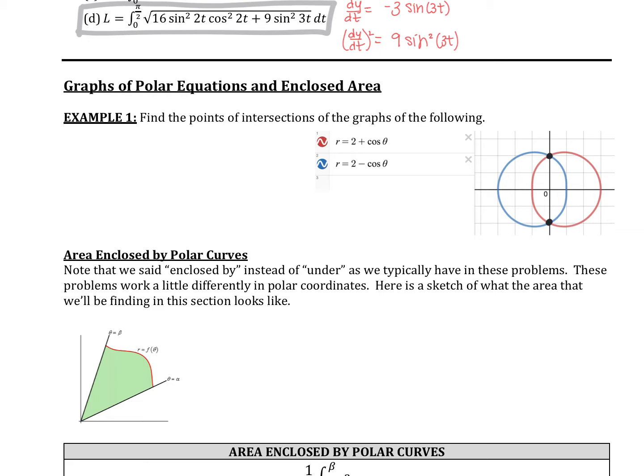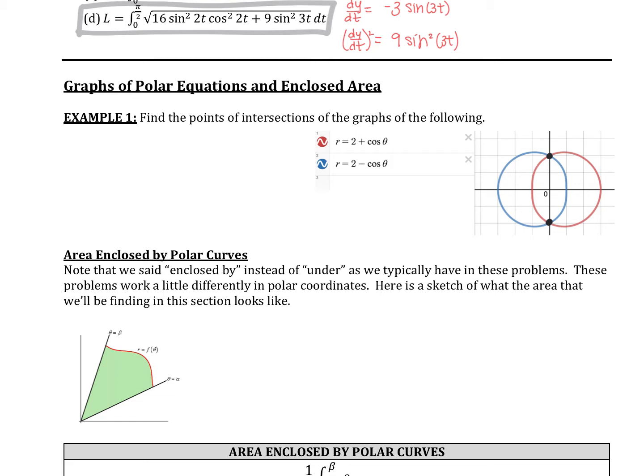Now, this could be used for several different things. It may ask me to find the area sandwiched in between, in which case I would need to know the points. It may ask me to find just the area on the red side that doesn't include the blue, or just the blue side that doesn't include the red. So we need to be able to find those points of intersection.